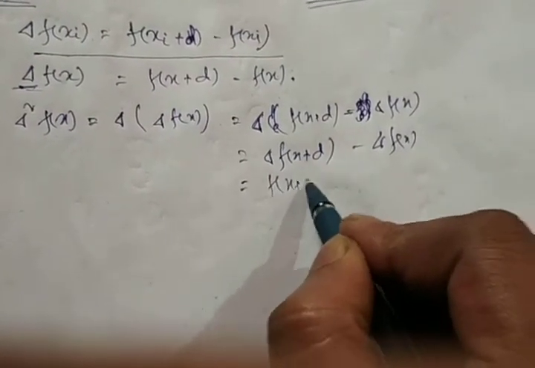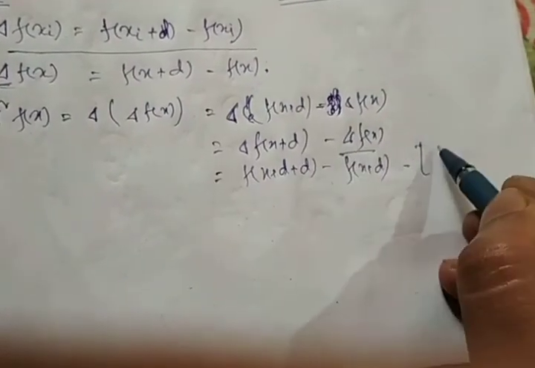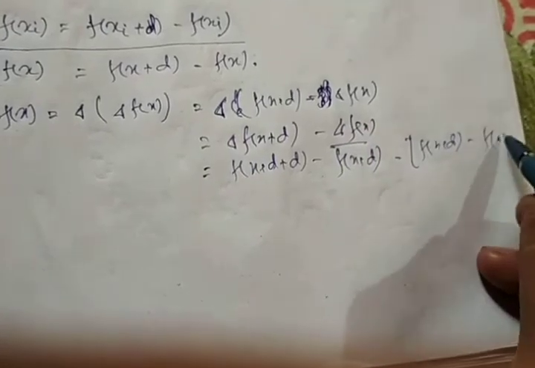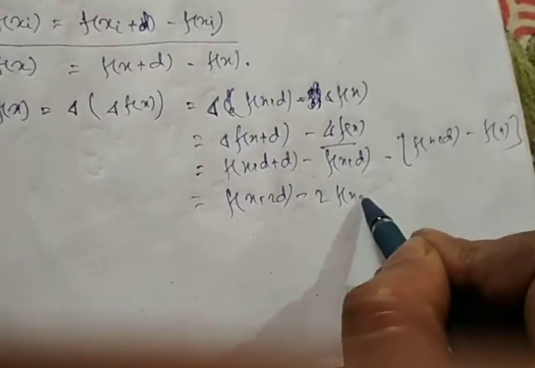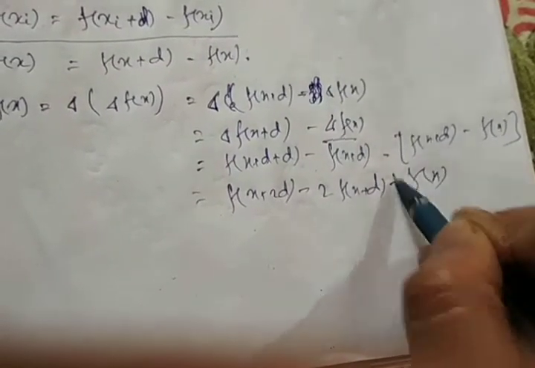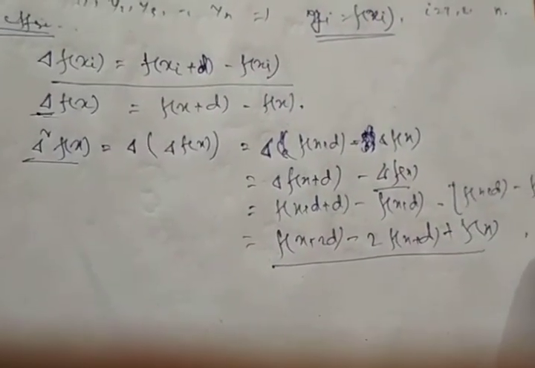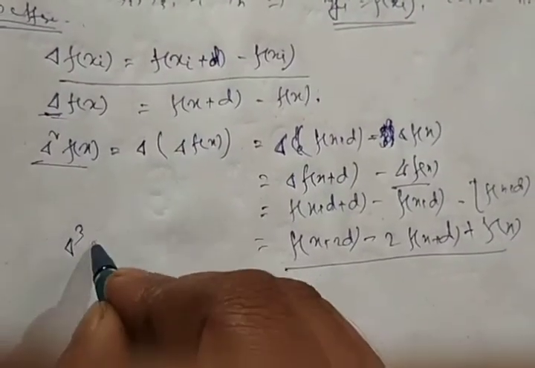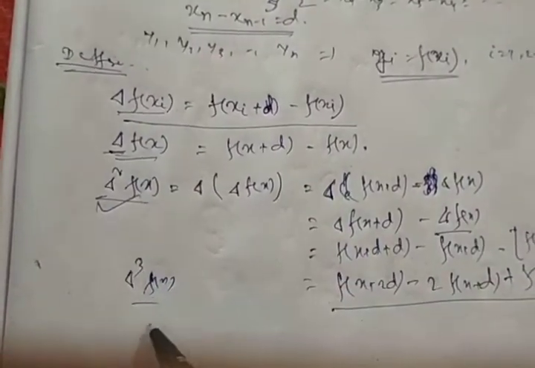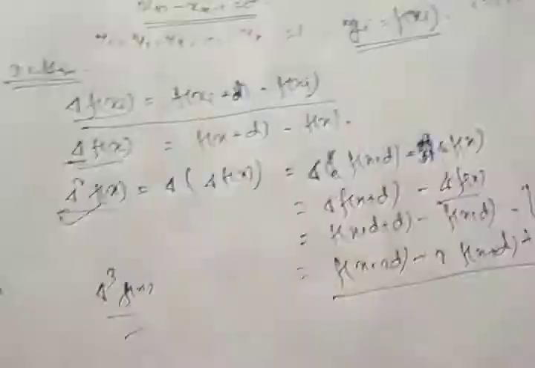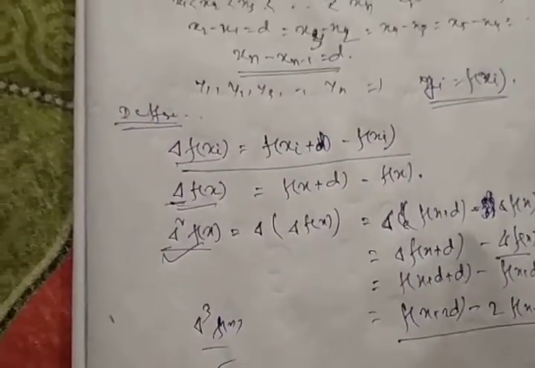That implies f of x plus 2d minus f of x plus d, minus f of x plus d minus f of x. So that implies f of x plus 2d minus 2f of x plus d plus f(x). This is the del square of f(x). In this way we can find del cube f(x), the third order difference. This is first order difference, this is second order, this is third order. In this way we can find the higher order differences of the given data.